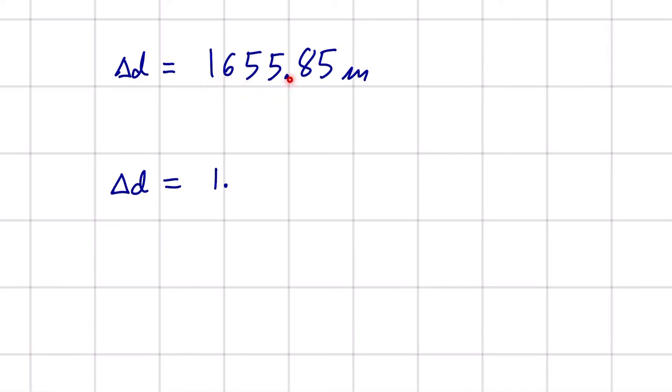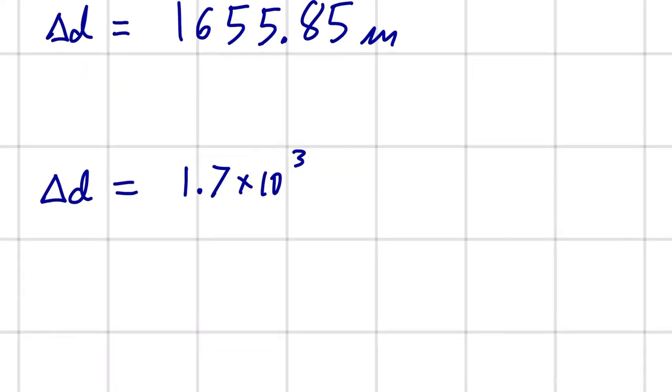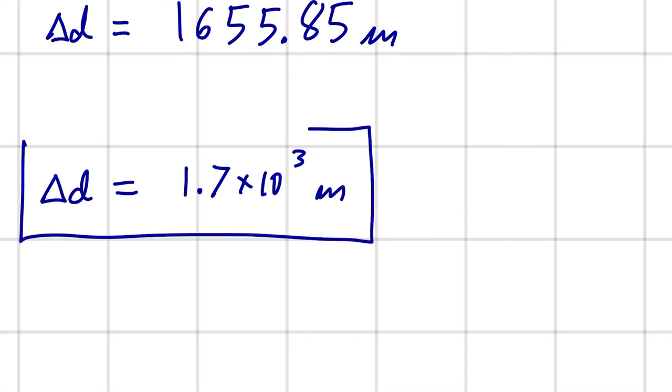But what we're also going to do is use scientific notation and bring this decimal back. So we're bringing it back 1, 2, 3 spots. So 1.7 times 10 to the 3. So this number 3 is the number of decimal spots we're bringing it back. And we're rounding it to 1.7 times 10 to the 3 meters.